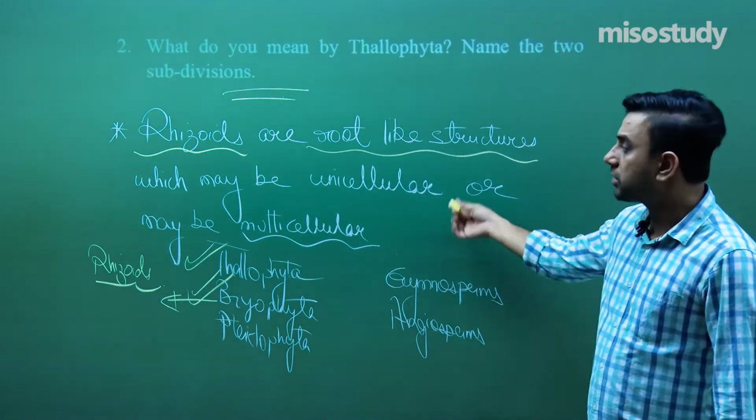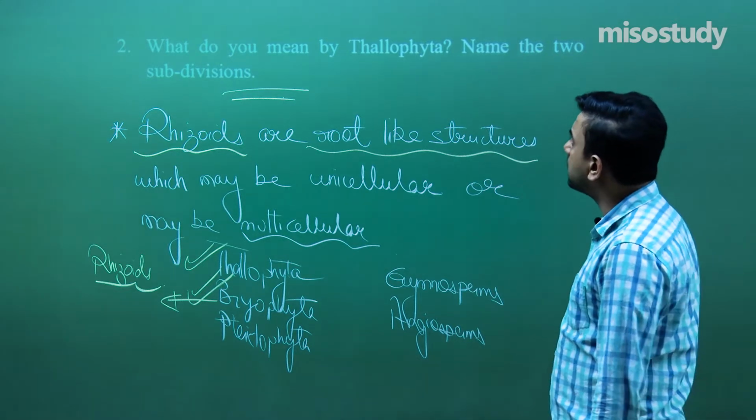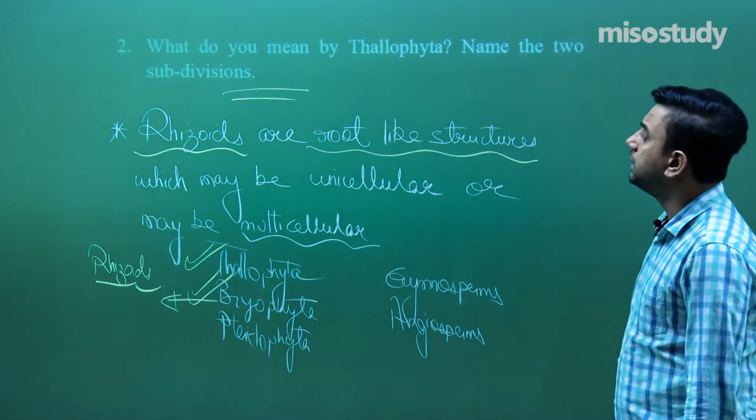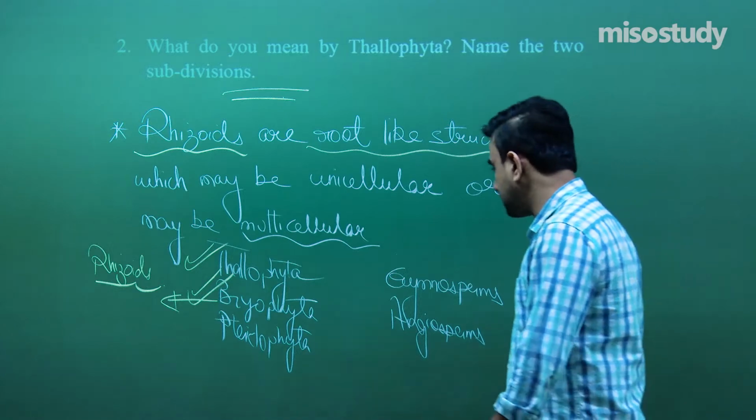That will also be 1 mark. The next question: what do you mean by the thallophyta? Name the 2 subdivisions.